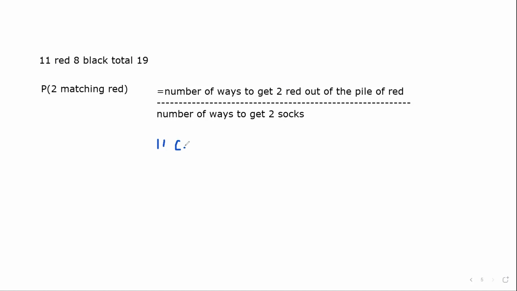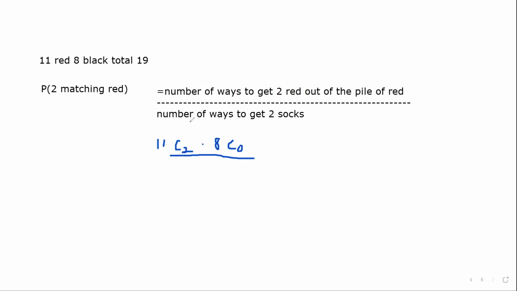So I choose 2 red ones. And from the 8 that are black, I don't choose any. Right? Because I want them to be red. Now the bottom is easier, right? And I think the bottom is what you were trying to get me.